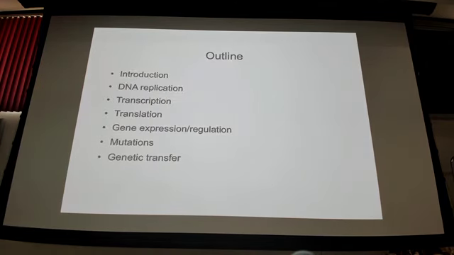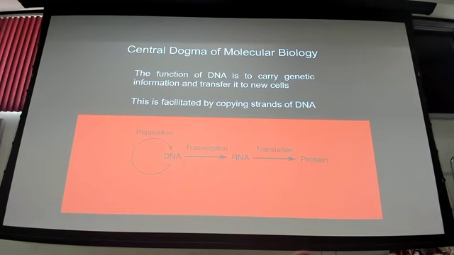Okay, so getting started here, very basically, this schematic is showing you what we call the central dogma of molecular biology. Sometimes it's called the central dogma of life. All organisms, prokaryotes and eukaryotes alike, adhere to this basic schema, where when they need to replicate DNA, they're doing so in preparation for cell division.